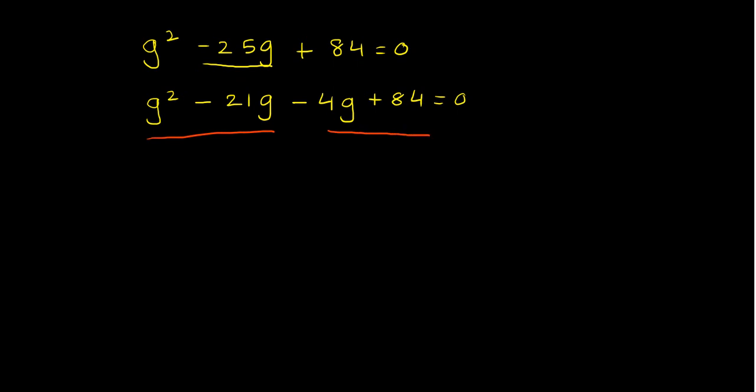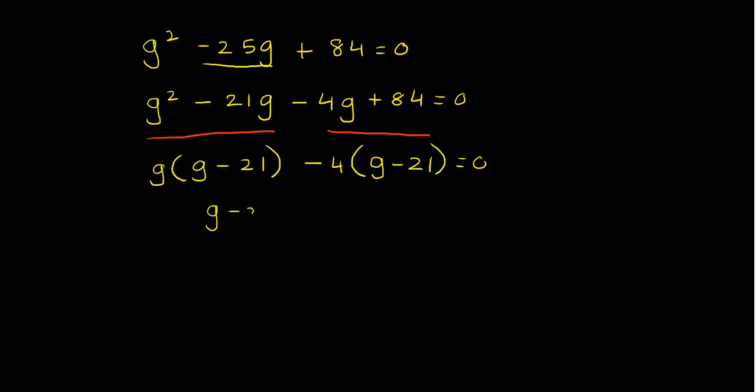The highest common factor is g over here, so that's g minus 21, and then minus 4 over here, that's g minus 21 equals 0. So when I factorize this completely, I've got g minus 21 and g minus 4 equals 0. So the two possible answers are g equals 21 or g equals 4.